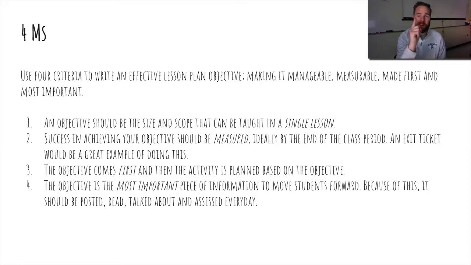This is bite-sized stuff, not, hey, we need to figure out how to multiply fractions. That's pretty big, right? It needs to be a one-day thing. And how can this be measured? An exit slip is a great way to do that. You can do it in a lot of different formats now: digitally, on paper, parking lots. There are all sorts of ways to figure out if it was measured.